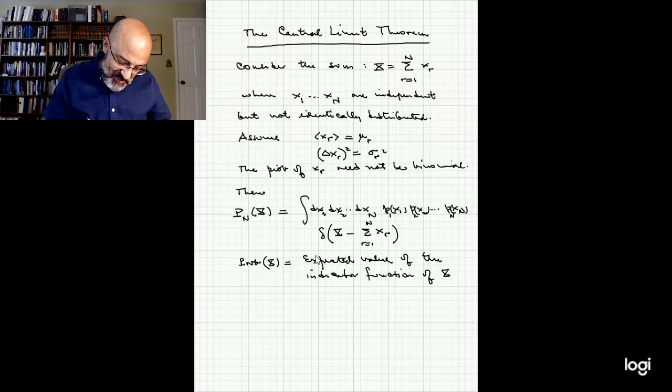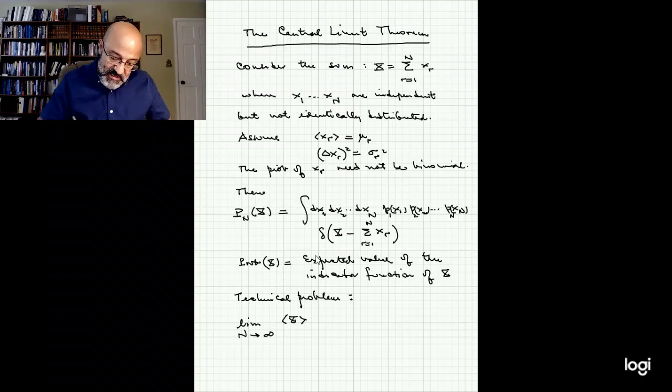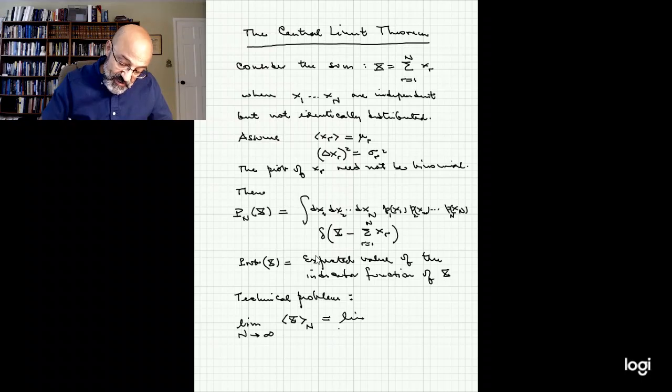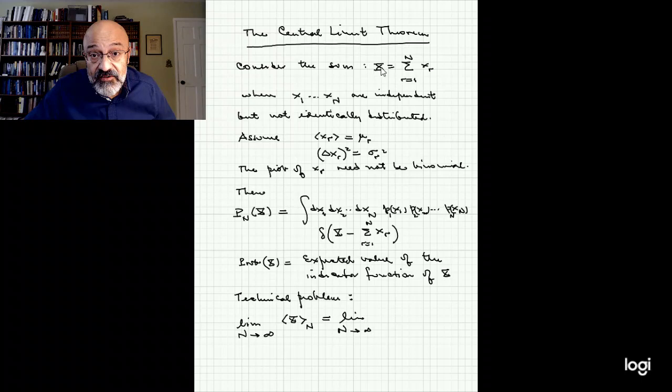This is a technical problem. The technical problem is that if you're going to compute the limit as n goes to infinity of the expected value of x, when you have n terms in the sum, this limit is going to be equal to the limit as n goes to infinity of the expected value of x, which is going to be the expected value of the xr's.